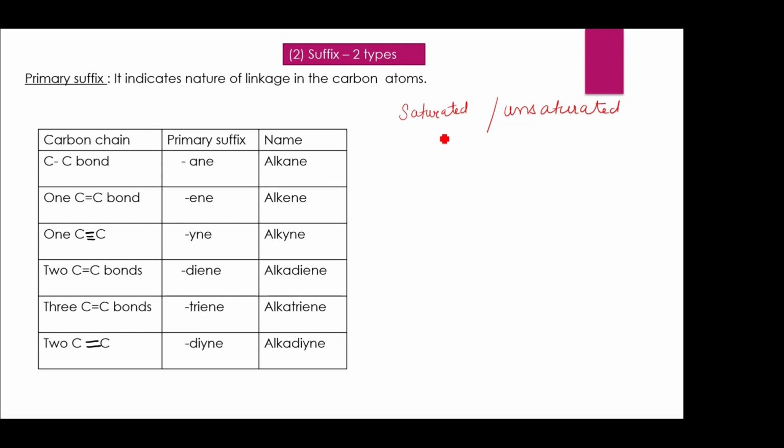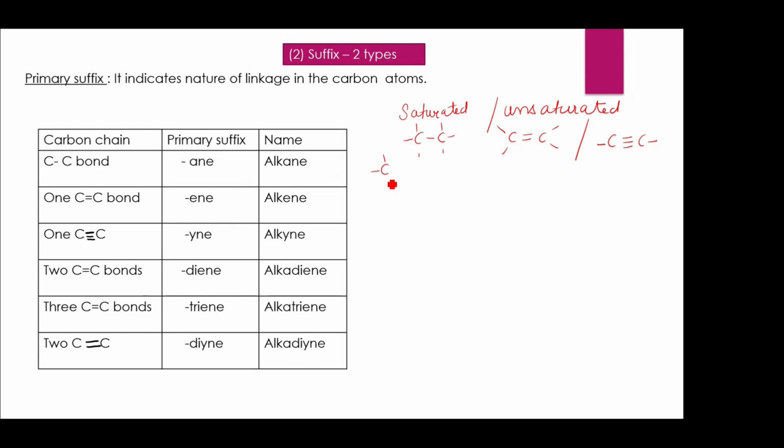Saturated means it has C-C single bonds, and unsaturated means we have a C=C double bond or a C≡C triple bond.